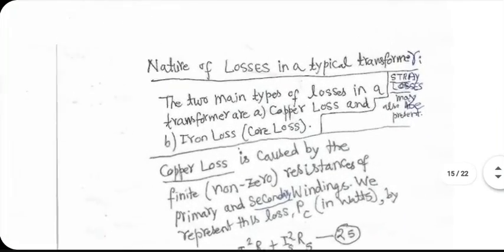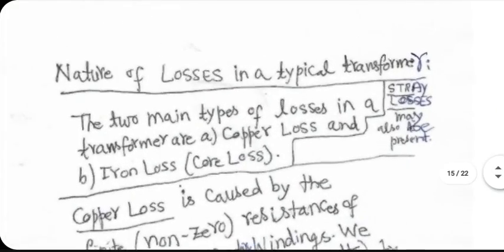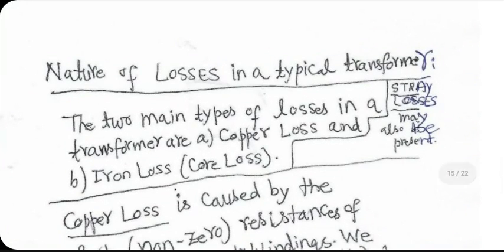Now, nature of losses. The two main types of losses in a transformer are copper loss and iron loss. Iron loss is also known as core loss or magnetic loss. That is because of the material that you are using for building the core. Copper losses are because the copper wire used, or even aluminum wire if used, for building the windings has finite conductivity.